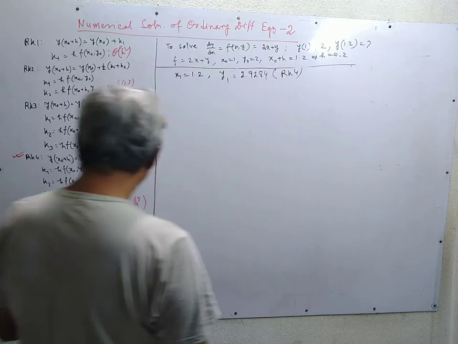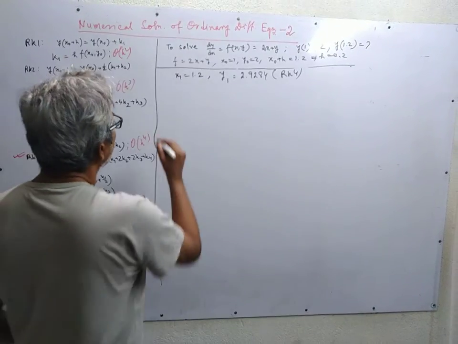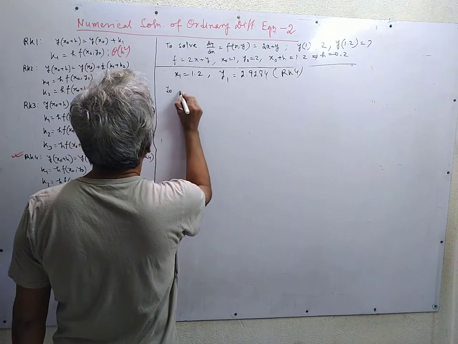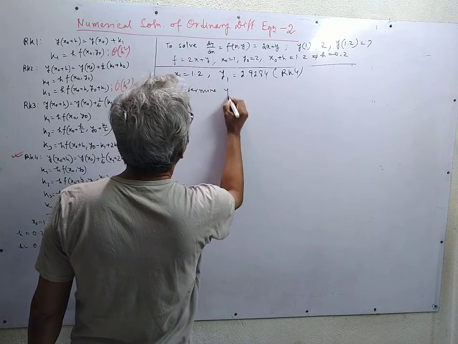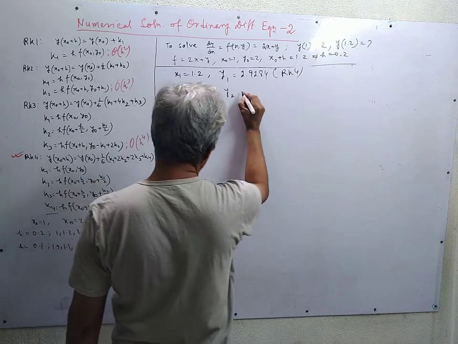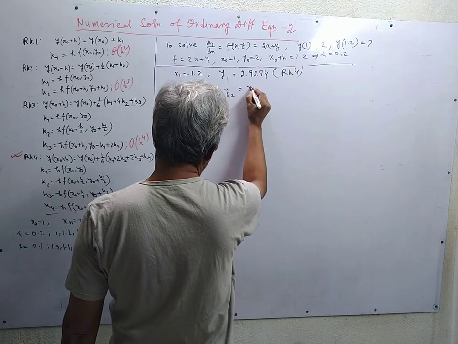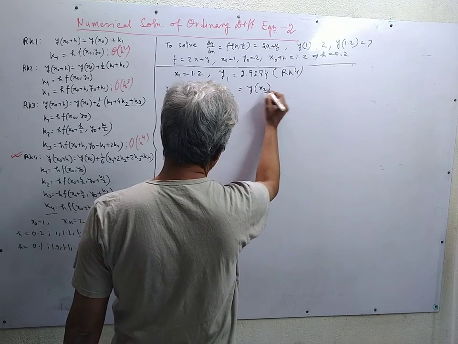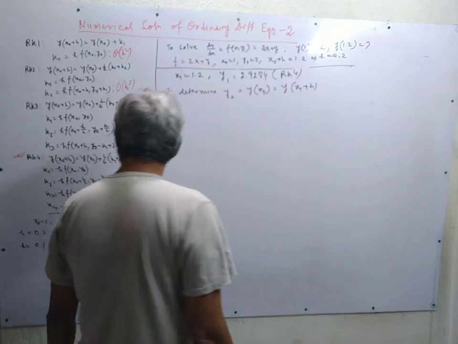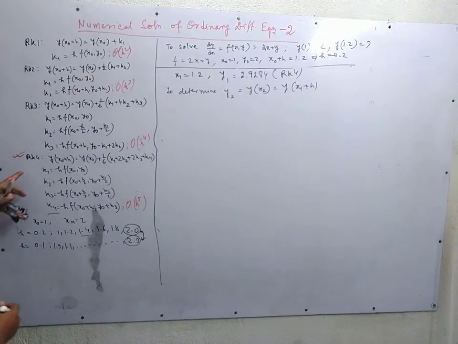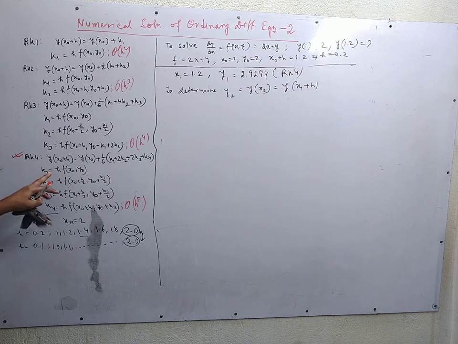For the evaluation to determine y2, which is y at x2, equal to y at x1 plus h, we are to again apply this method, but here the starting point will be x1.